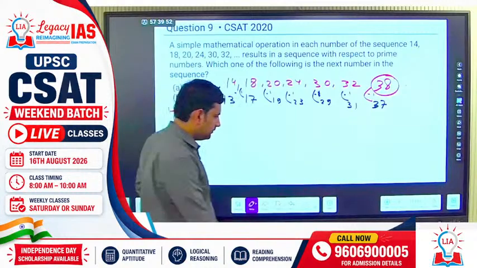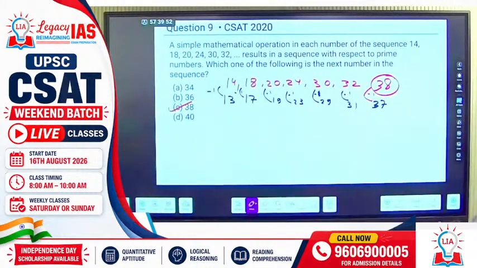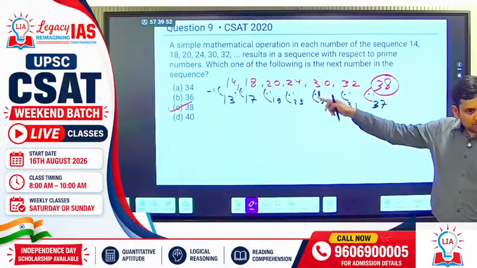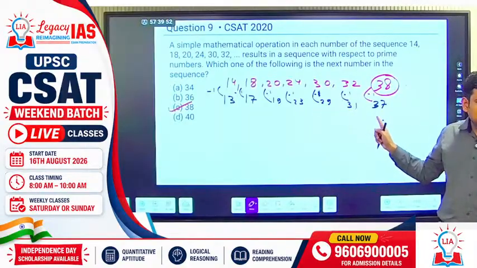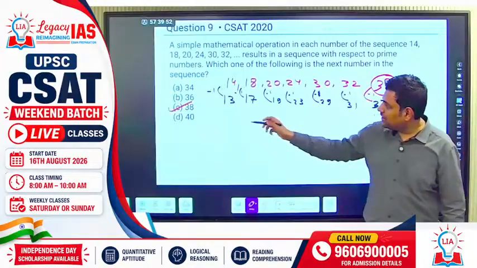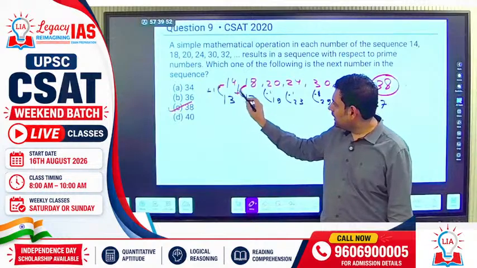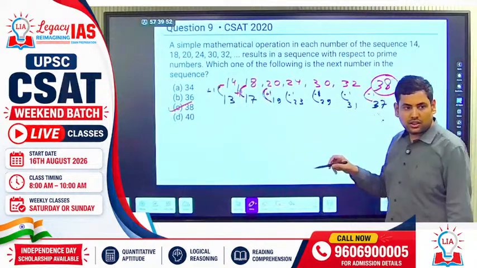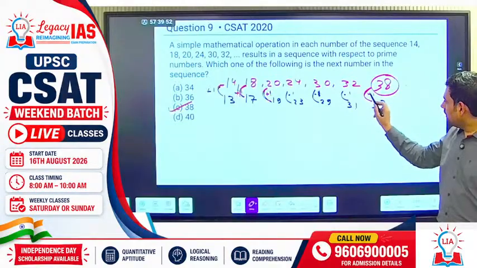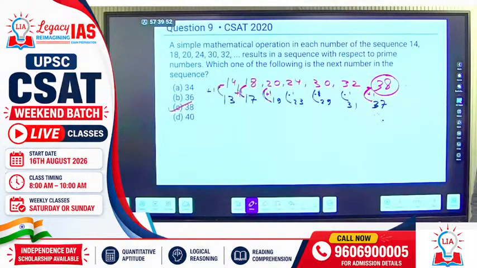Then next, you don't have to minus 1, no? See, this is a bigger number. When you subtract 1 from it, you get a prime number. Correct? If you want to see in reverse direction, from 13 to 14 is plus 1. From 17 to 18 is plus 1. This is also plus 1. So here also, from 37 plus 1, 38. Okay.